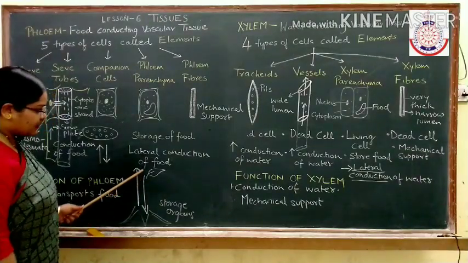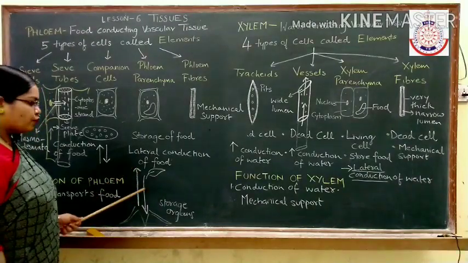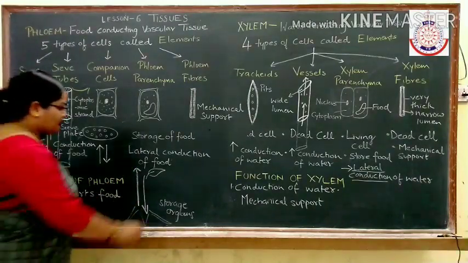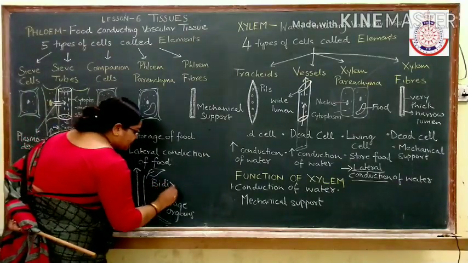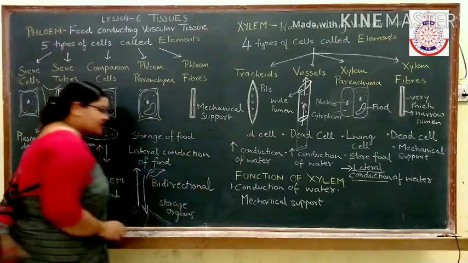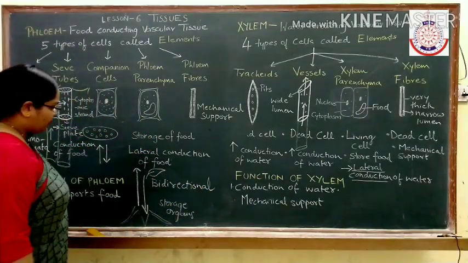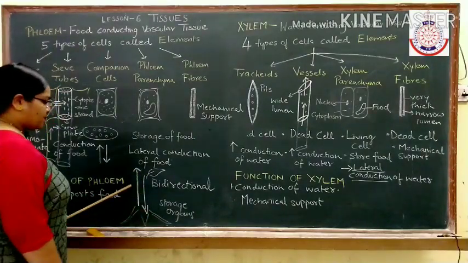So now you can see the downward and upward movement of food takes place. So it means phloem helps in the bidirectional movement of food. Bidirectional means two, upward as well as downward. So this is known as bidirectional.